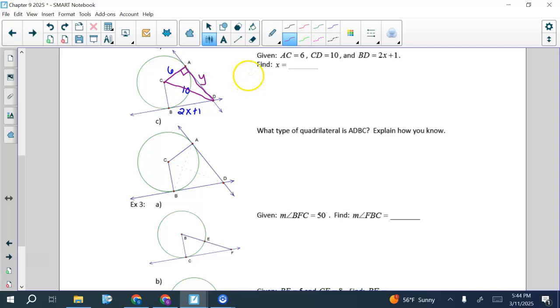So we're going to go Pythagorean theorem, a squared plus b squared equals c squared. So we have 36 plus y squared equals 100. So go ahead and see if you can finish that problem up to tell me what this side is. Once we know what that side is, what we can do is just set that number equal to this other side, 2x plus 1. So see if you can finish that up and find what x is.